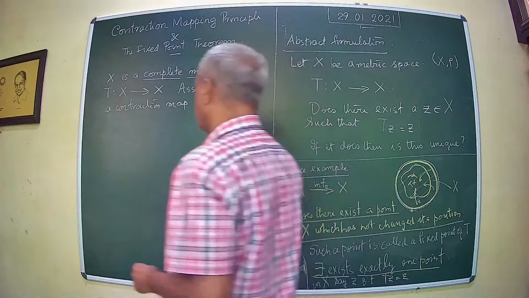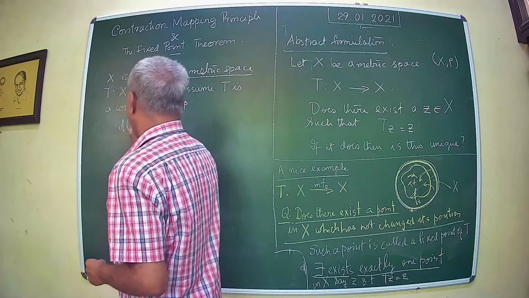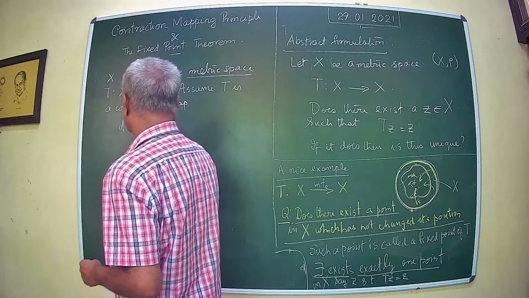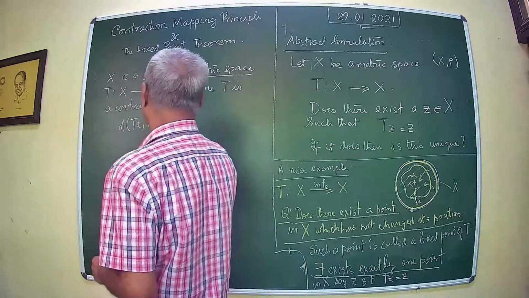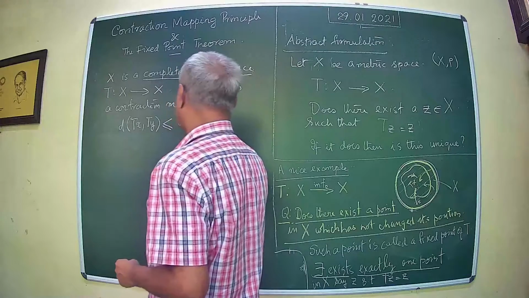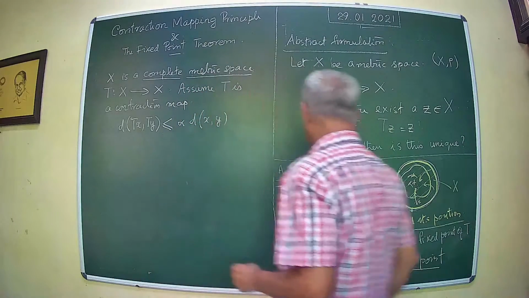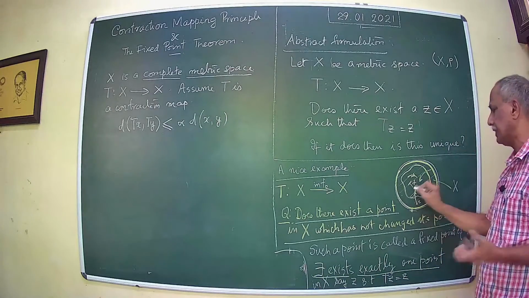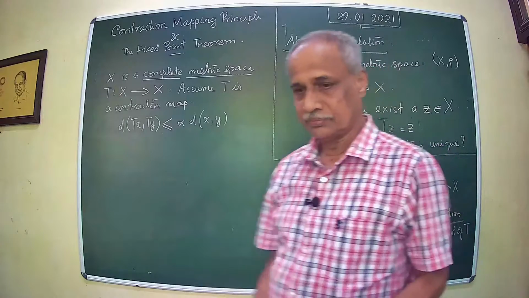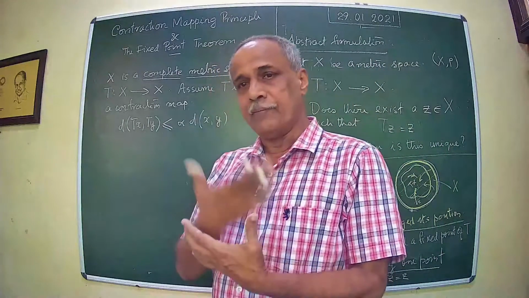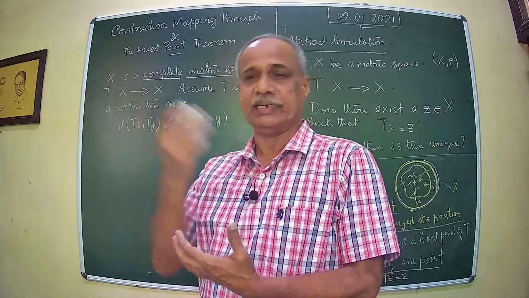This means the following. The distance between Tx and Ty is less than or equal to alpha times the distance between X and Y. That means if you start with 2 points here, say X and Y, there is a distance between them. Look at their images under the map. That is the distance between Tx and Ty.